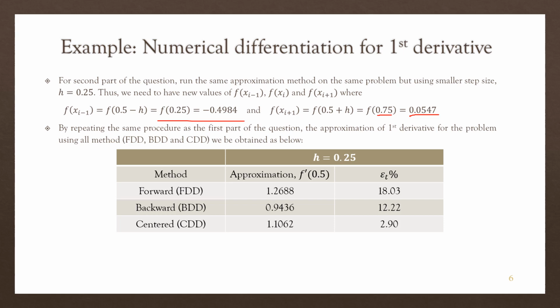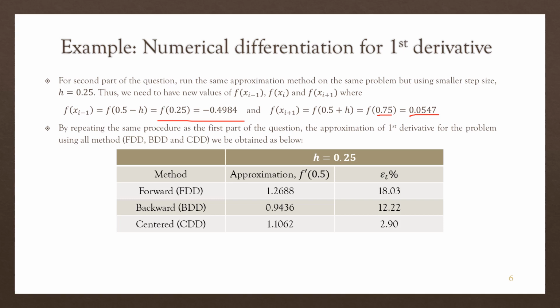If you compare with the previous calculation using the bigger step size, the true error of the forward divided difference is almost similar to the true error for the backward divided difference when it used the larger step size.